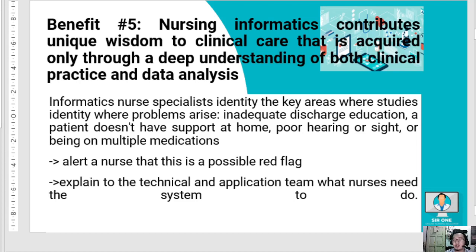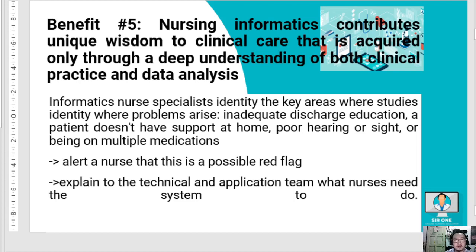With that wisdom, you can understand both clinical practice and data analysis, and you can translate this into nursing informatics or informatics to technology. Examples here are inadequate discharge education, a patient who doesn't have support at home, poor hearing or sight, or being on multiple medications.